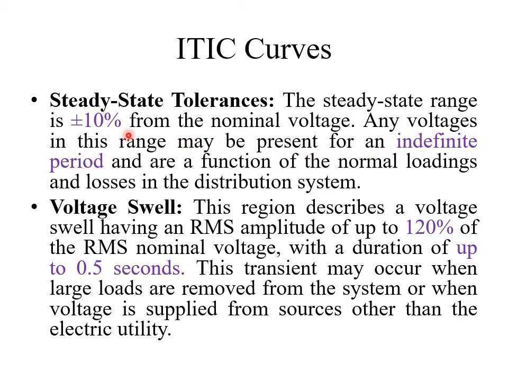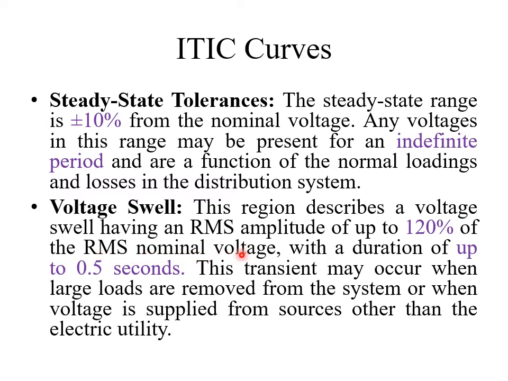That is why the steady state tolerance is captured here. The range is plus or minus 10 percentage. Then voltage swell. This describes a voltage swell having an RMS amplitude of up to 120 percentage of the RMS nominal voltage.